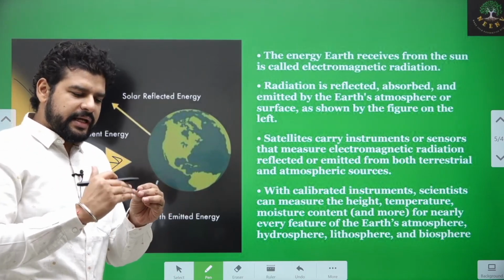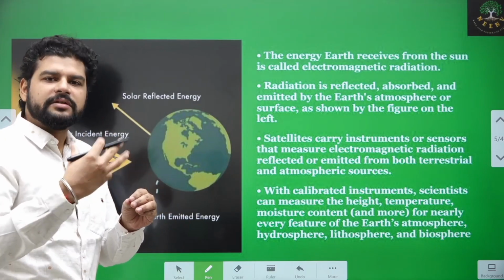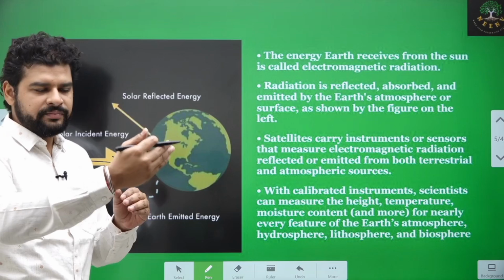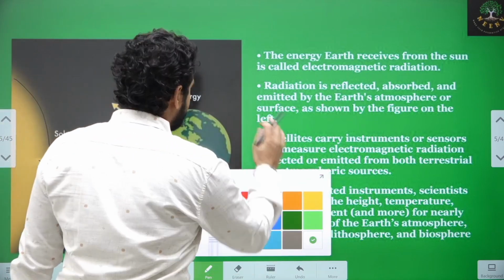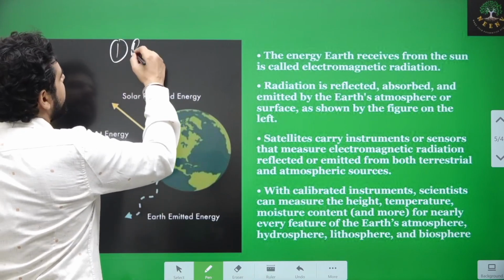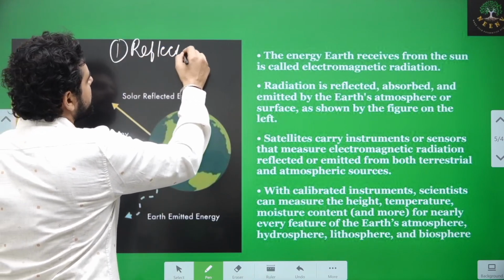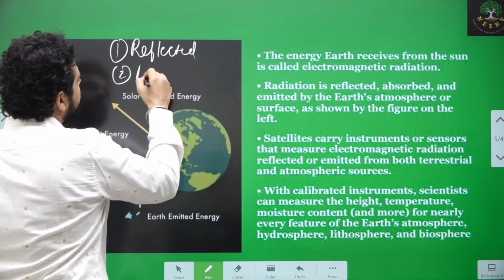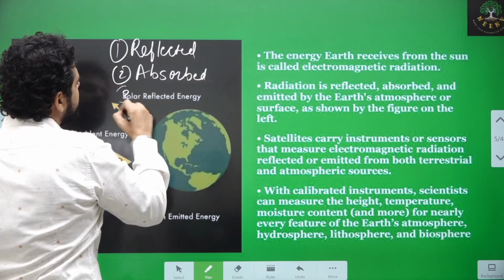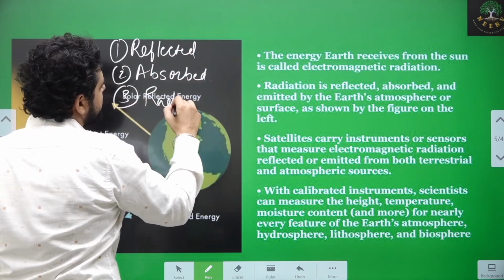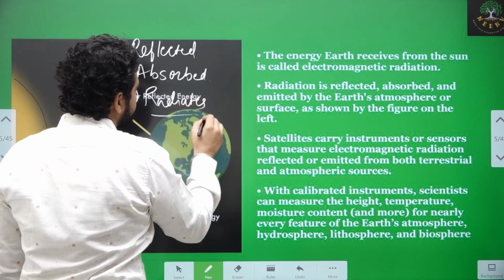First, the rays of the sun or the radiation from the sun is directly reflected. Second, some of it is absorbed. Third, Earth radiates its own emission.